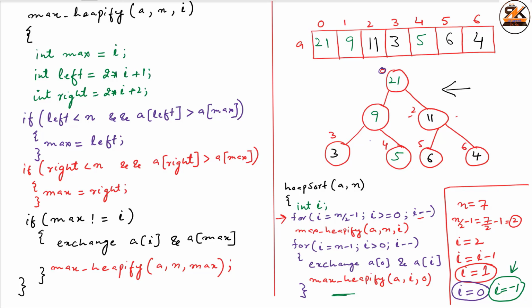So this is what represents our max heap. Okay, and after that we have to remove the root node, replace the root node with the last element, and reduce the size of our heap by 1 in each iteration.